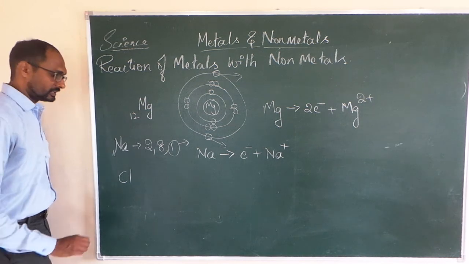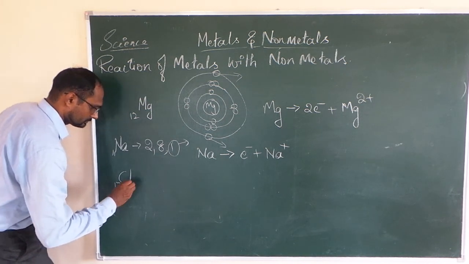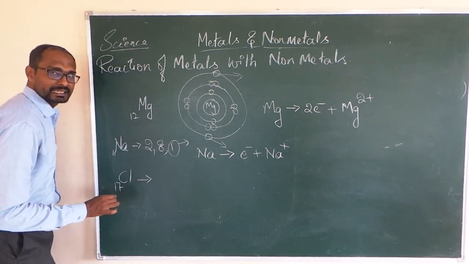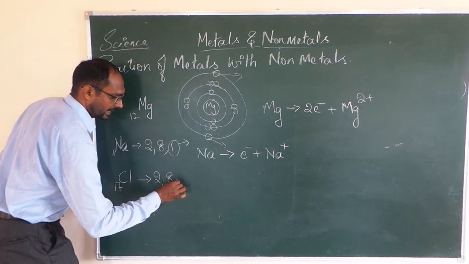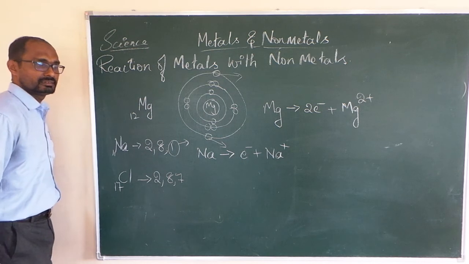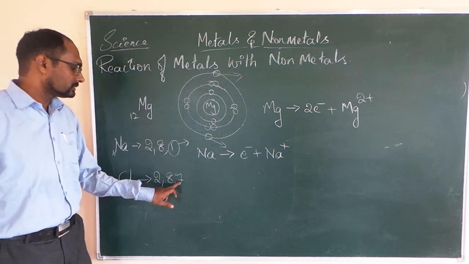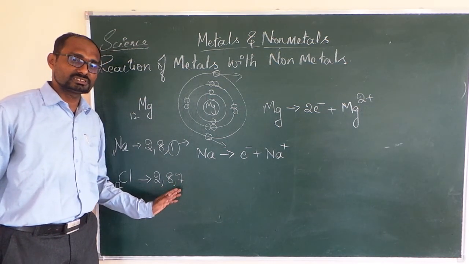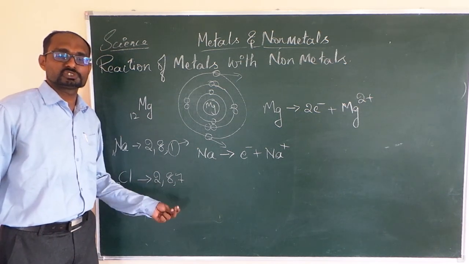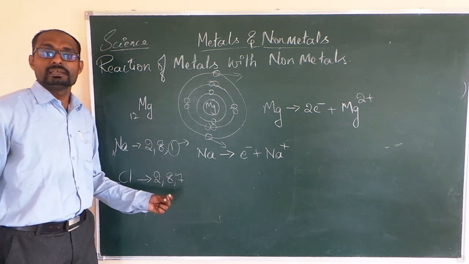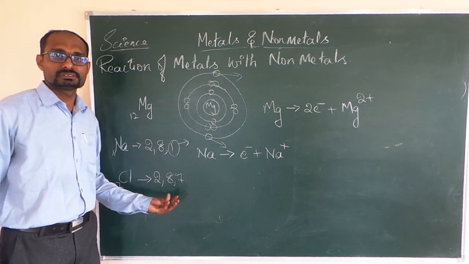Similarly, if we look into other elements like chlorine, whose atomic number is 17, it has an electronic configuration 2, 8, 7. Now, chlorine does not have 8 electrons. At the same time, it does not have 1 or 2 electrons which it can lose. It has 7 electrons.